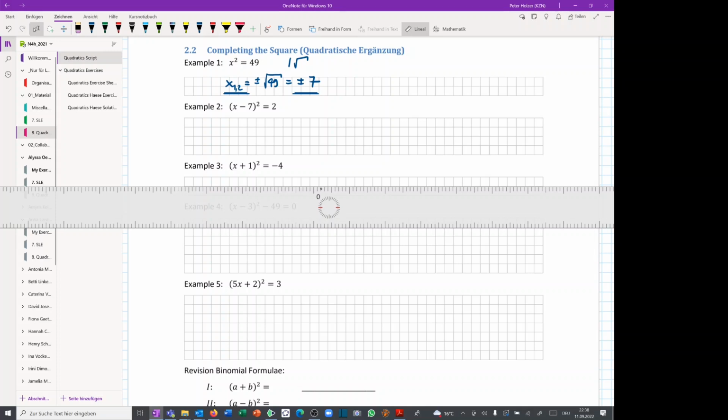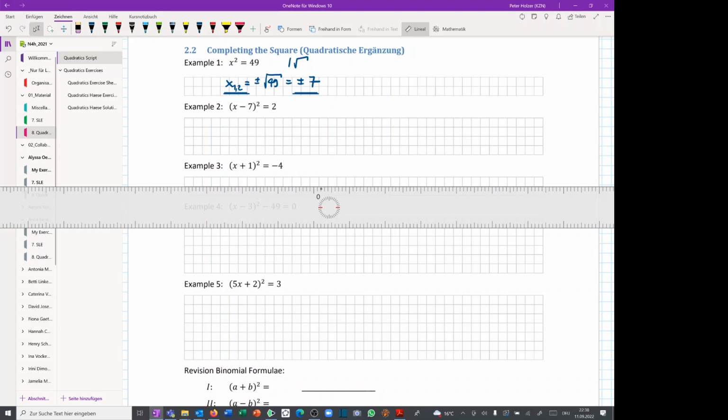The root of 49 is just 7, but when we take the root to solve the equation x squared equals 49, there are two solutions, namely plus 7 and minus 7. And in order not to lose the second solution, the minus 7, we always have to write the plus minus when we take the root in order to solve the equation.